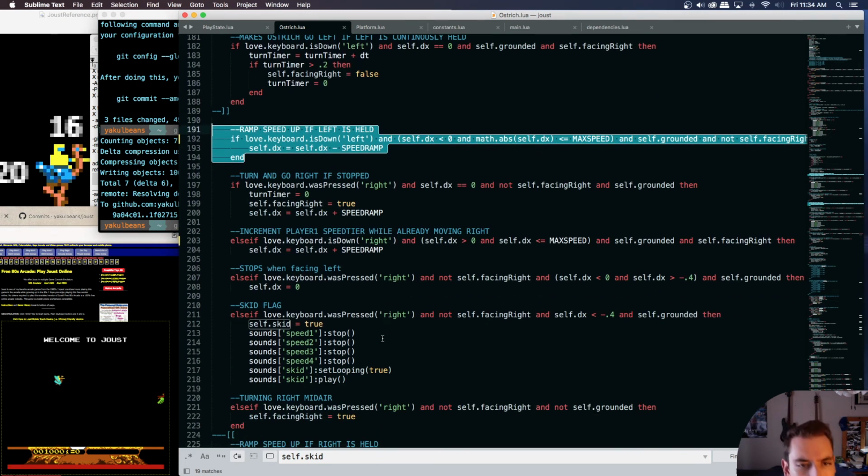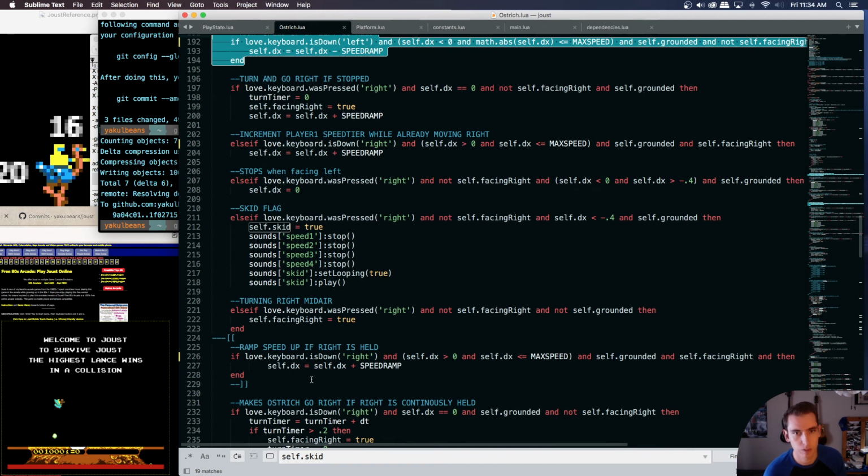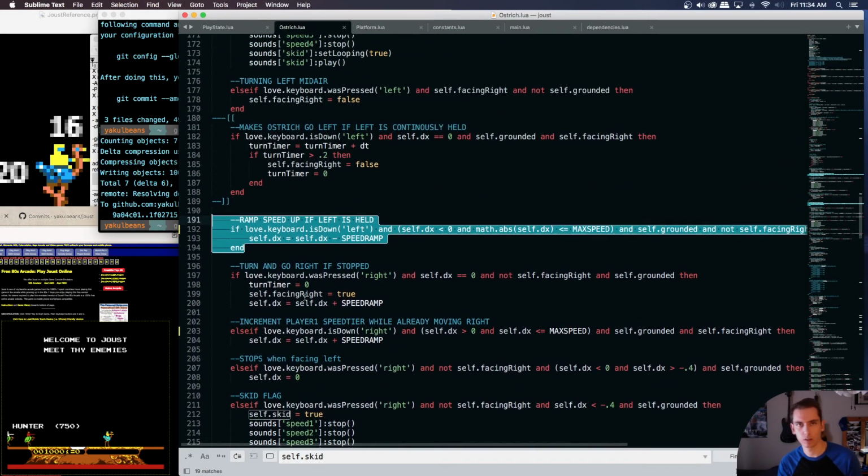Ramp speed, already moving right, and then I have a ramp speed if right is held. So the thing is, I have it outside of the if else statement, but maybe that's what's screwing me.